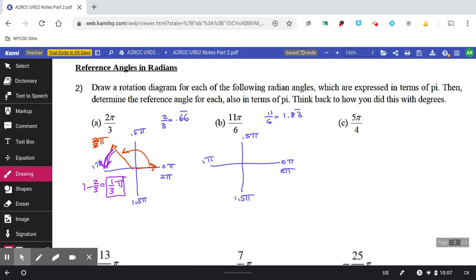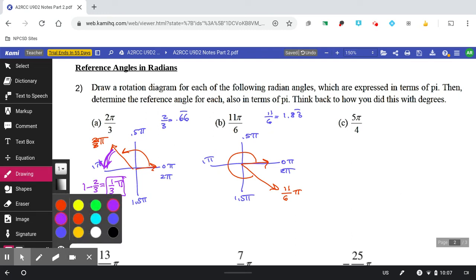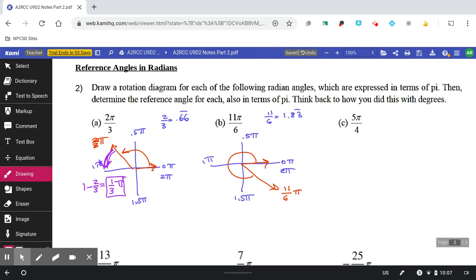And 11/6 is equal to 1.83 repeating. All right, so that means that it's going to, of course, always start on the positive x-axis, and then it would go all the way around until it got into the fourth quadrant, and that would be 11/6 pi. So again, I'm now going to look and see how many radians does it take to get back to that x-axis.